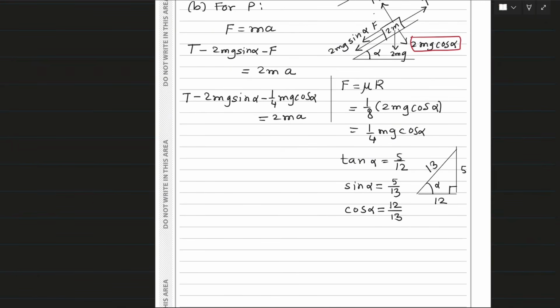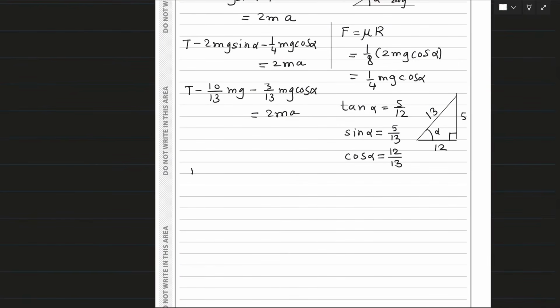Now we can use these values to further simplify our equation. So we have T minus 2 mg into sine alpha. Sine alpha is equal to 5/13, so this simplifies to 10/13 mg, and then we have minus 1/4 mg cos alpha. Cos alpha is equal to 12/13, so again, this will simplify to 3/13 mg. Again, on the right side, we have 2ma.